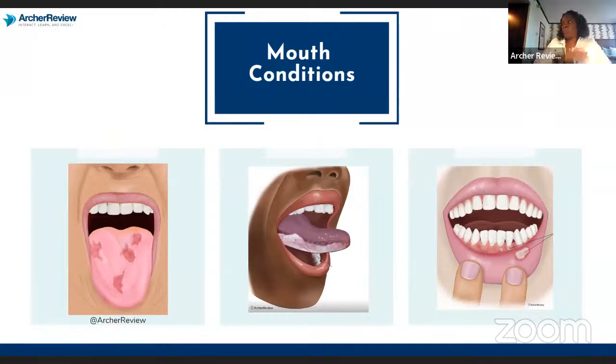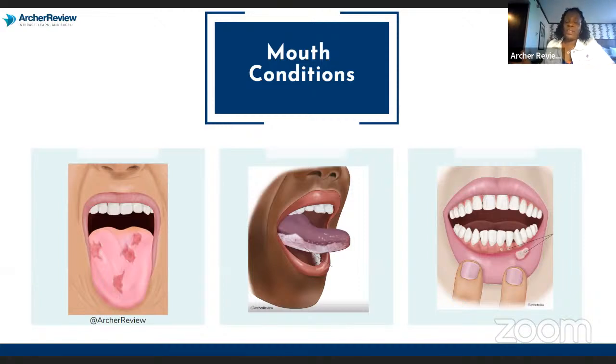Now, if a patient comes in with white patches that don't wipe off, that could be leukoplakia, which is a sign of oral cancer, very serious. My uncle was actually diagnosed with that when he went for a regular dental appointment. His dentist noticed this, and he had oral cancer. So it's very serious.